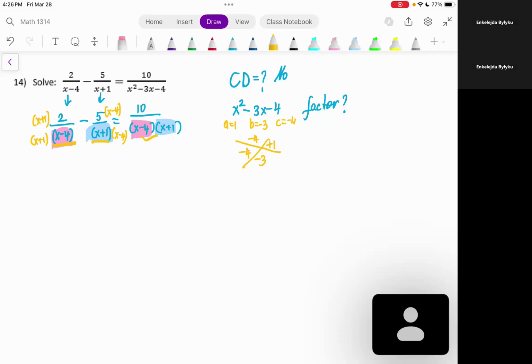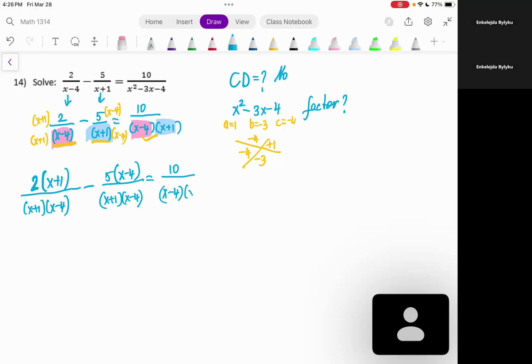All right. Now I'm going to rewrite one more time just to clean it up because it looks pretty messy. On the top, we have 2 times (x plus 1) over (x plus 1)(x minus 4), minus 5 times (x minus 4) over (x plus 1)(x minus 4), equals 10 over (x minus 4)(x plus 1).